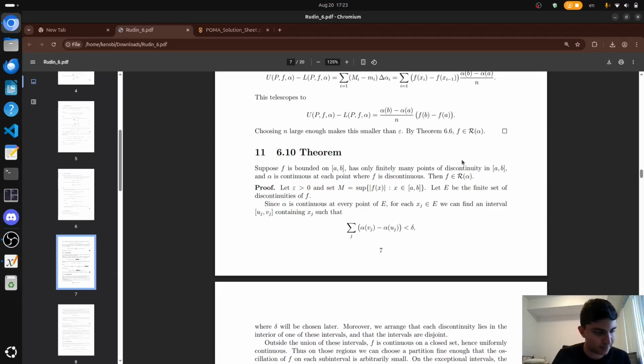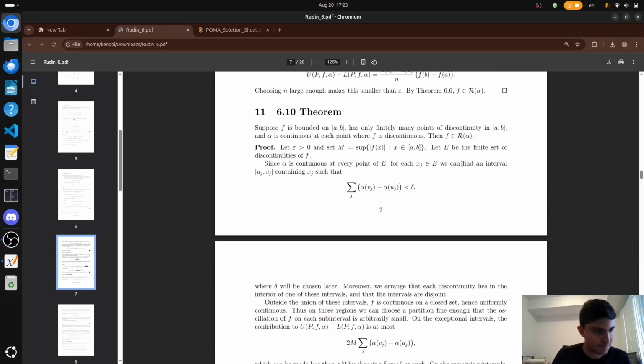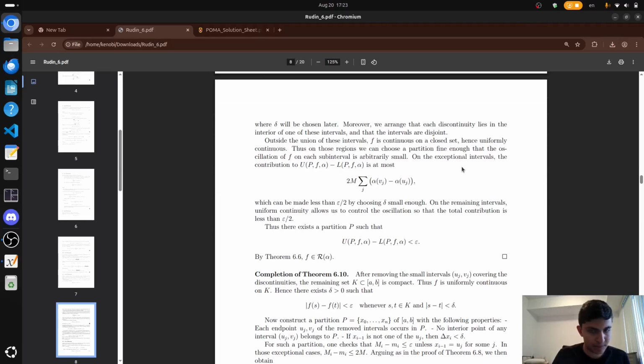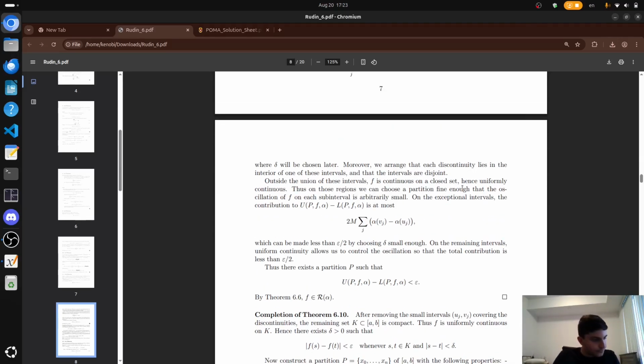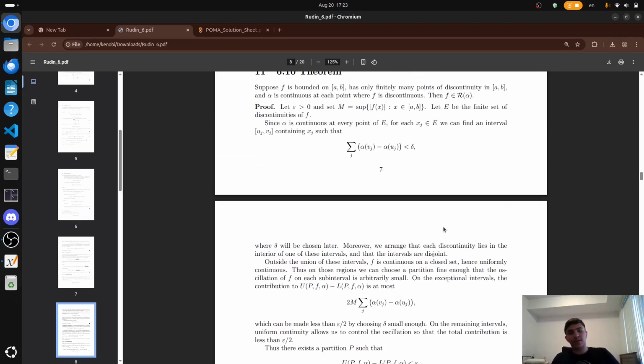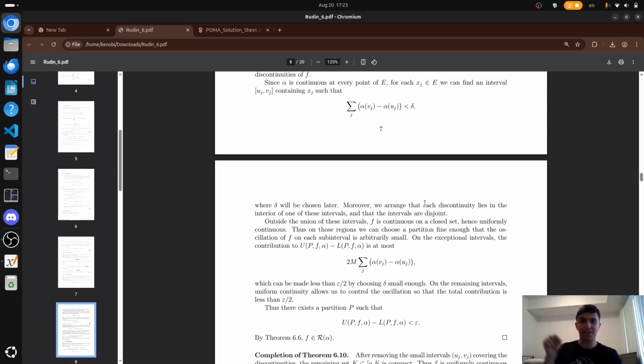So the strategy over here is to take the points of discontinuity of f and remove them by removing the segments containing them.